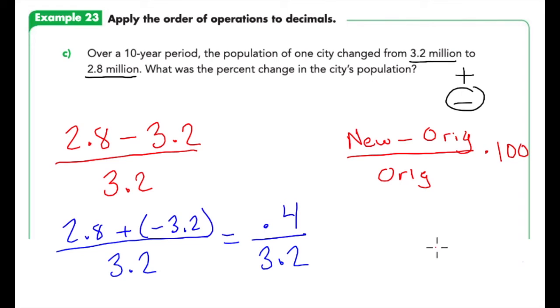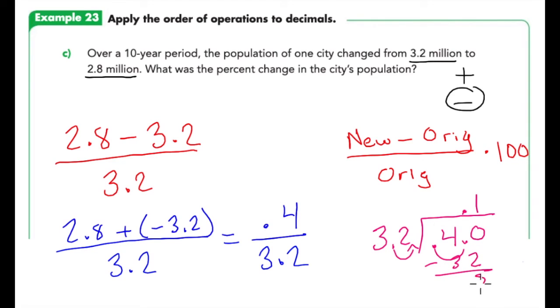If we set this up, the 0.4 goes inside, and our 3.2 is on the outside. We have to move the decimal place one place. 32 cannot go into 4, so we add a 0. 32 goes into 40 one time. That is 32. We are left with an 8.